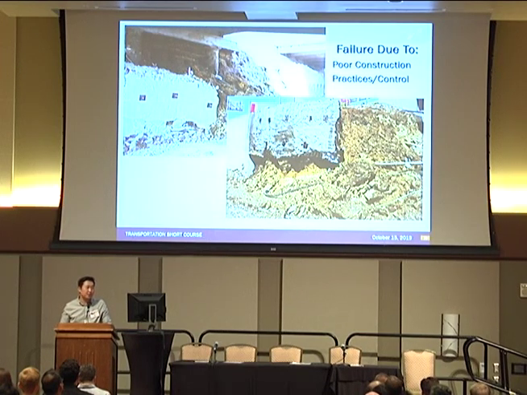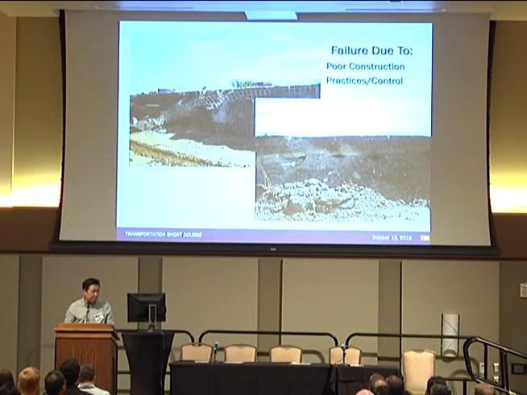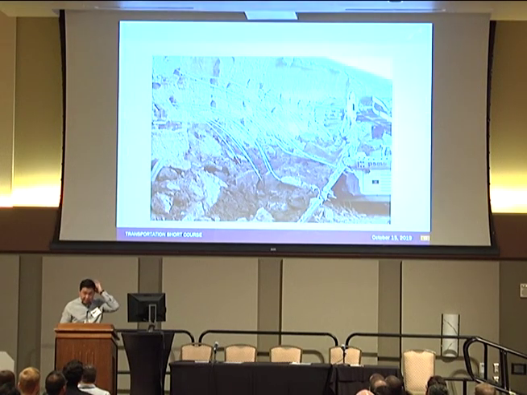And this picture shows poor construction practice or quality. You can see the soil nail bars, and they should be fully grouted. This is one example where the soil nail retaining wall failed, and the soil nail length was 30 feet.